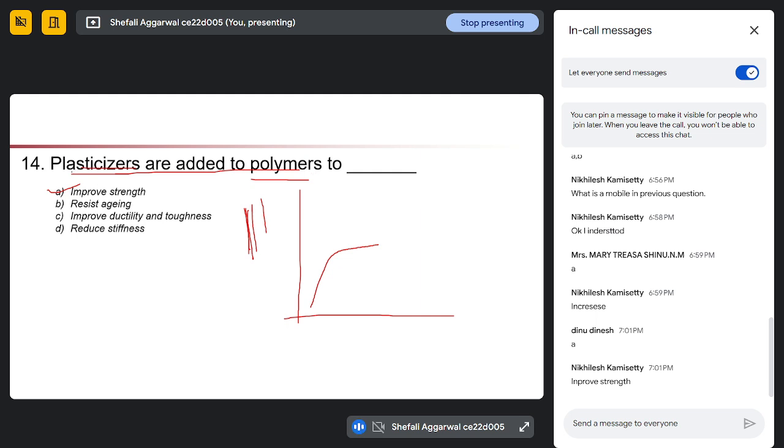Plasticizer won't change the type of bonding. We talk about cross linking and linear and all those things. So adding plasticizer to polymer won't change the type of bonding of your polymer, so it won't improve the strength of your polymers.